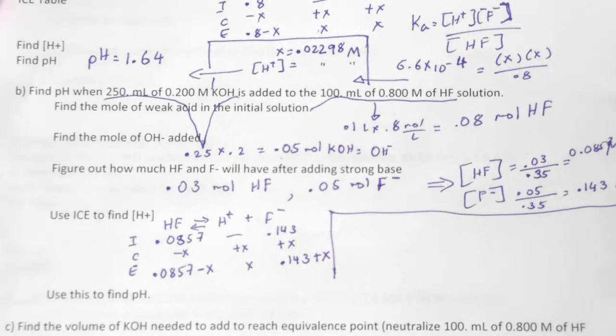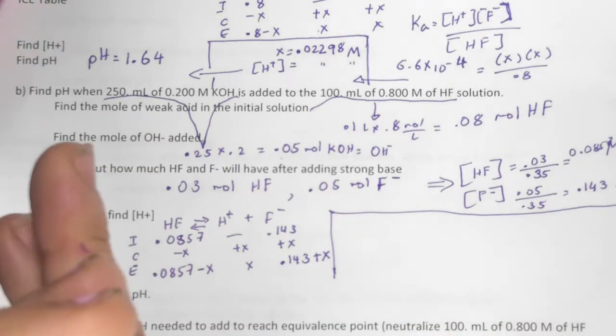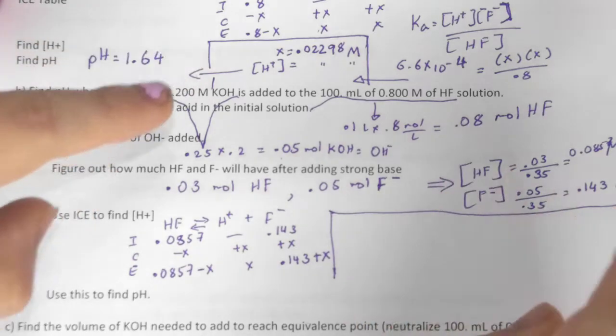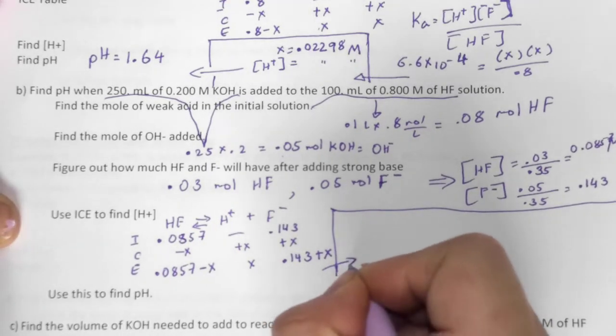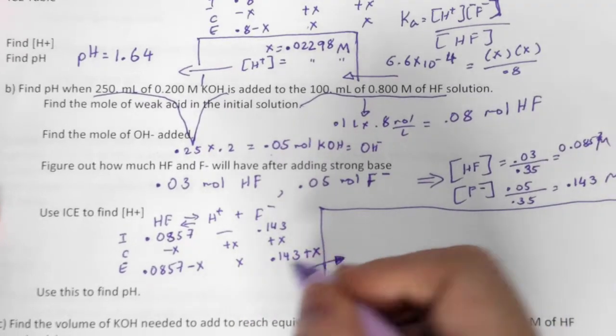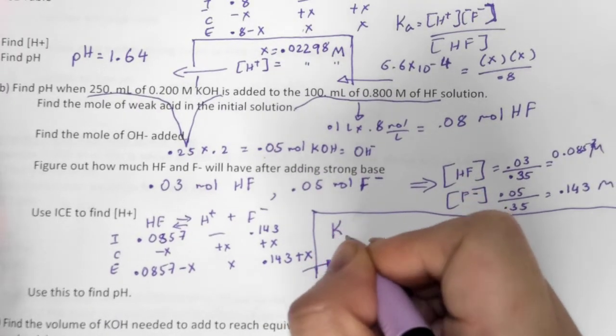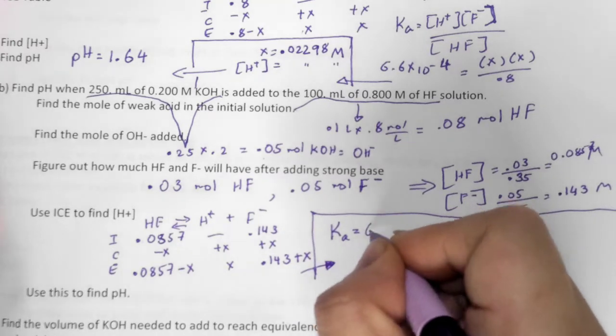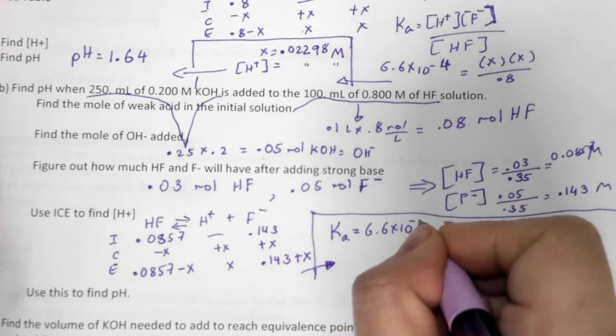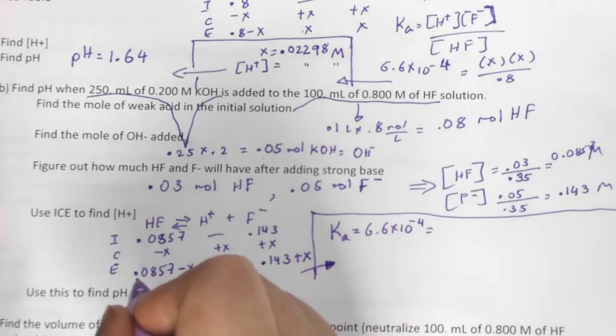Again, on the test, if you need to write it left to right, or squish things in because you don't have enough room, make boxes so that they can at least tell where you are going. Be helpful to the grader to be able to figure out what's going on. I'm not going to write the formula, you should know it. Ka is 6.6 times 10 to the negative 4, product over reactant.